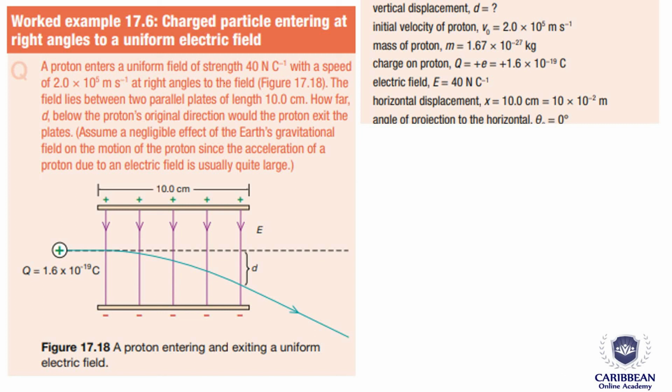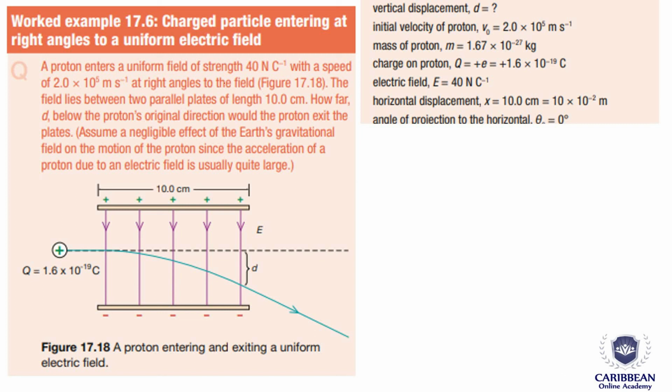It says how far below the proton's original line would the proton exit the plate, and it says assume a negligible effect of Earth's gravitational field on the motion of the proton, since the acceleration of a proton due to electric field is usually quite large.